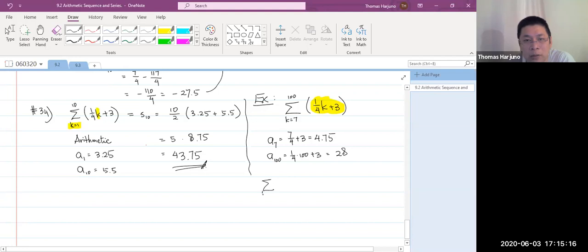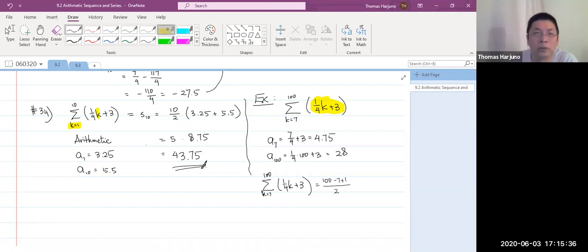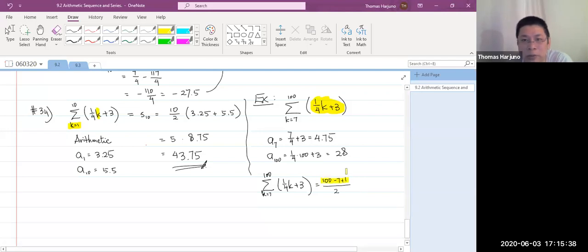The sum here will be, how many terms? 100 minus 7 plus 1, don't forget that, over 2. That's the number of terms. Then the first term is 4.75, the last term is 28.